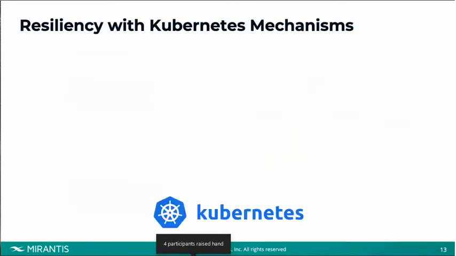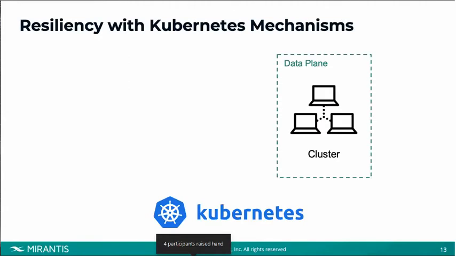So resiliency within the Kubernetes mechanisms, what exactly does that look like? Well, let's take a look specifically at the data plane. So imagine here are your worker nodes. They're clustered up, and so they all have the capability of running your application at any given point in time.